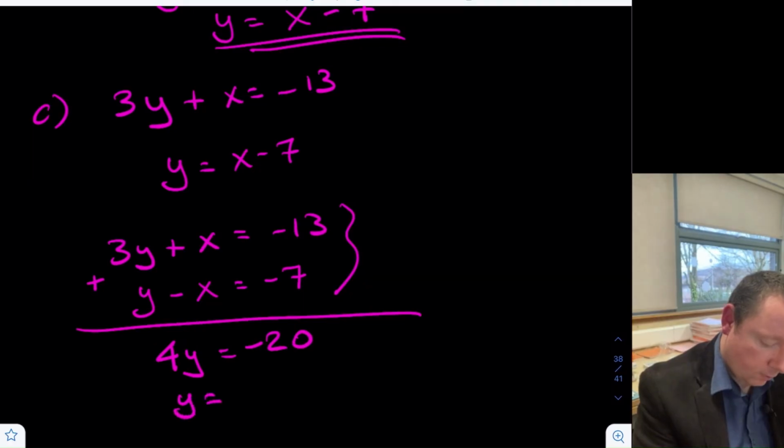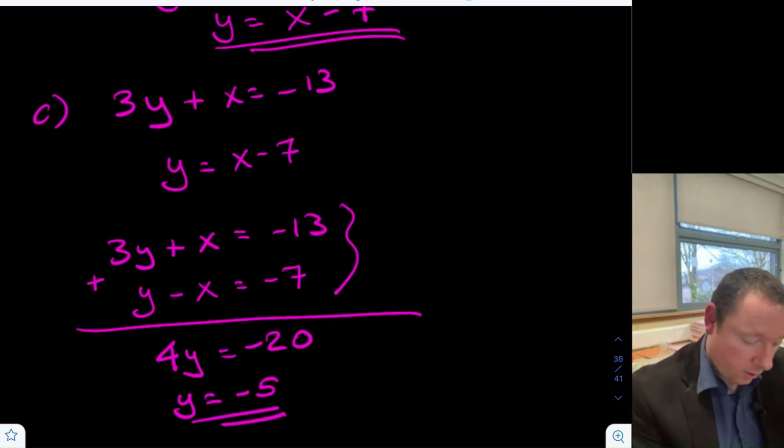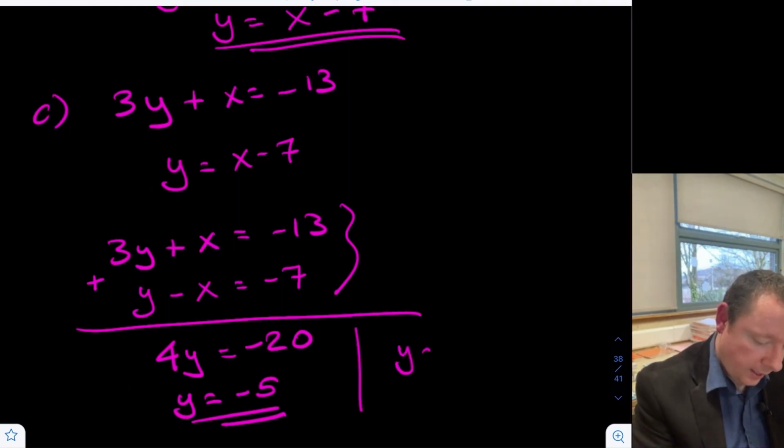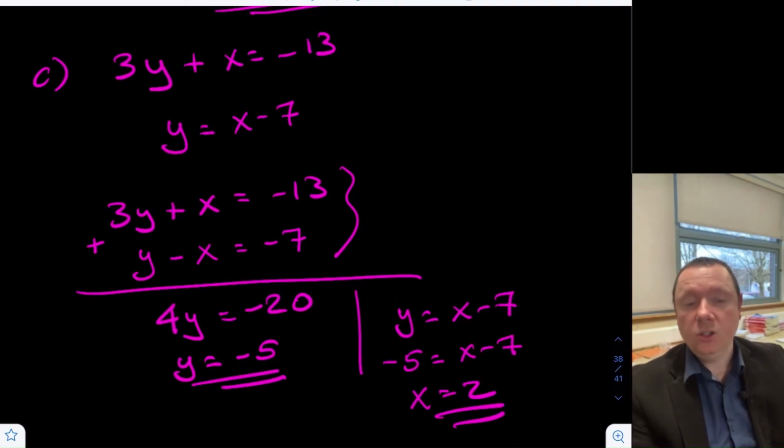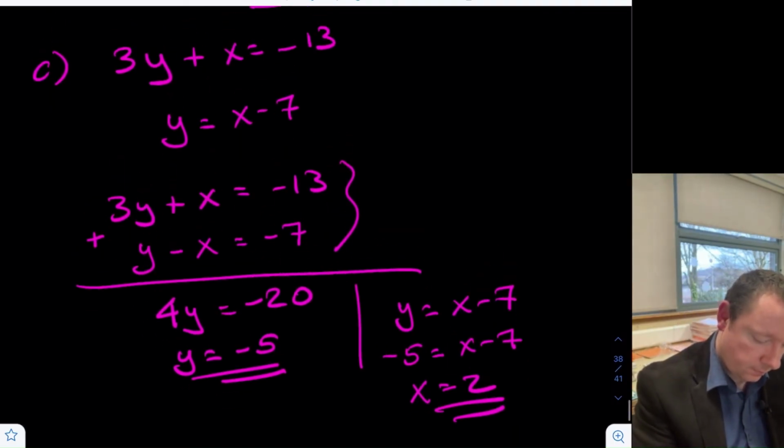So y is equal to minus 5. And now to get our x, y equals x minus 7, remember. So minus 5 equals x minus 7. So x equals minus 5 plus 7, 2. So our point of intersection is (2, minus 5).